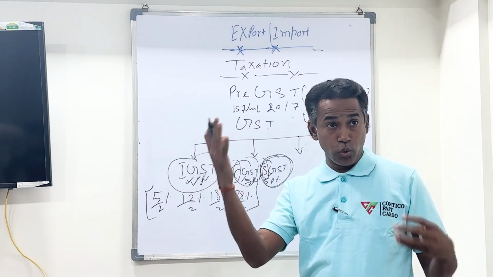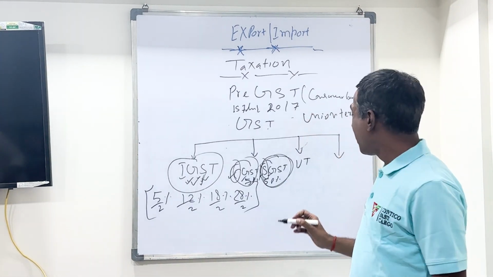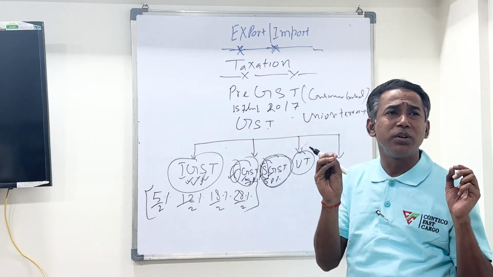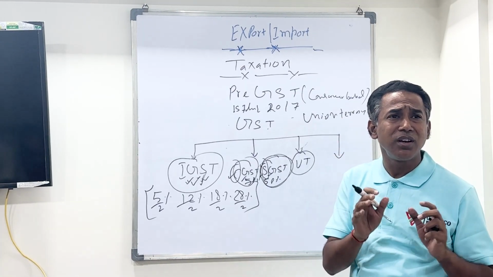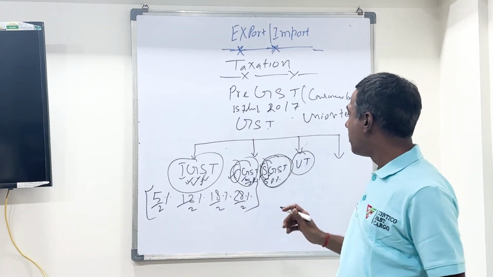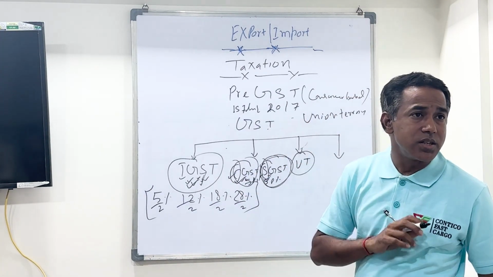So all the Union Territories will have UTGST. Simple. We are not focusing much on the UT because Union Territories of our country are very small, and businesses are also not very huge there. So we will be focusing only on IGST, CGST, SGST.